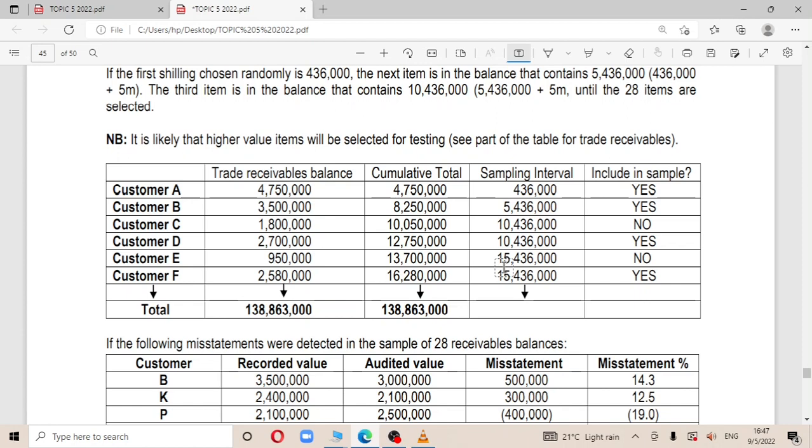Under monitoring sampling, we are basing the sample size collection on the values of the receivables. So you first accumulate them. You first do a cumulative total.